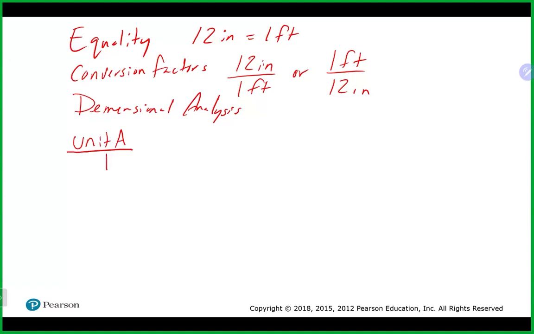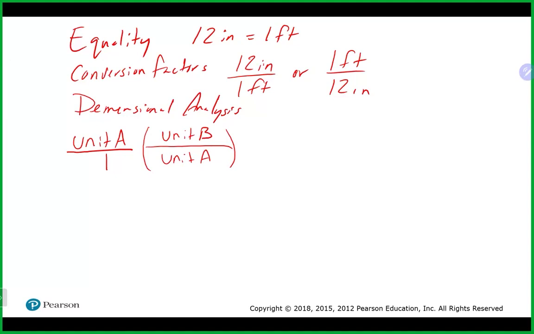And remember, when you're doing dimensional analysis, it's all about opposites cancel. So if you want to get rid of a particular unit that you no longer need, you need to put that same unit in the opposite location. So for example, if we had a conversion factor that had unit A in it, we would need to go in the opposite location to get rid of that. And unit B, for example, might be what we're looking for.